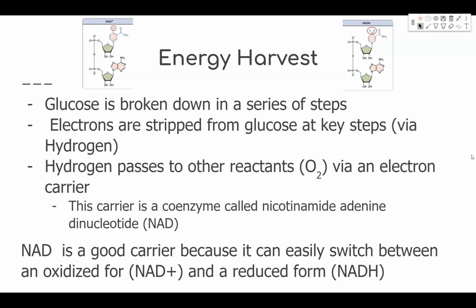Its oxidized form is NAD+, and its reduced form is NADH. So NADH has the hydrogen, which means it has the energy. It has the electrons. NAD+ is oxidized. It's going to lose those electrons.